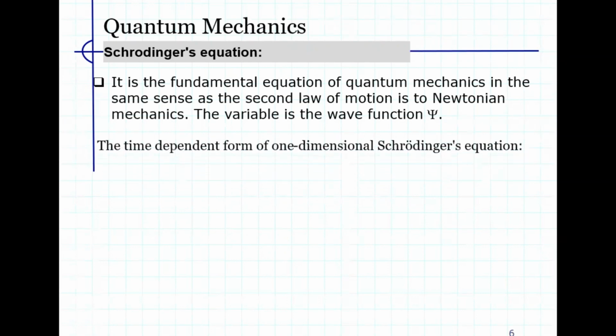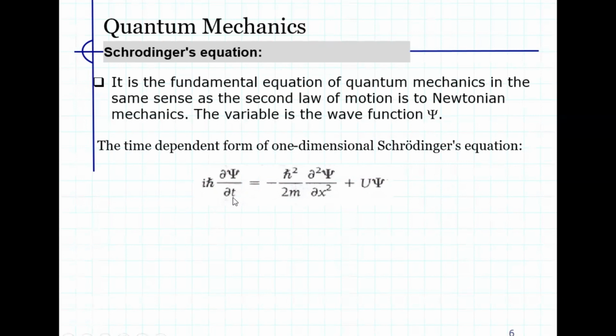The time-dependent one-dimensional Schrodinger wave equation is given by the following formula, and let's describe it. It is iota times h cut multiplied by the partial derivative of psi with respect to time. H cut is h divided by 2 pi, and h is Planck's constant.